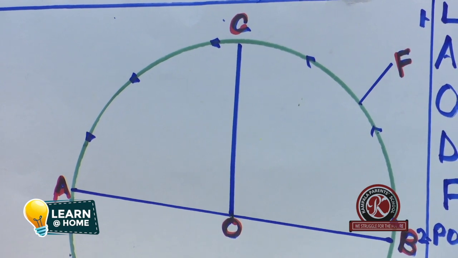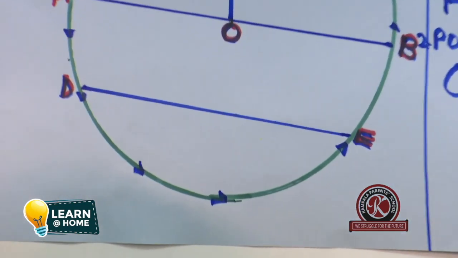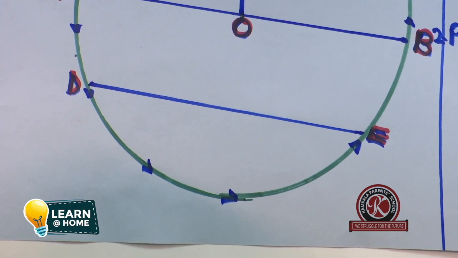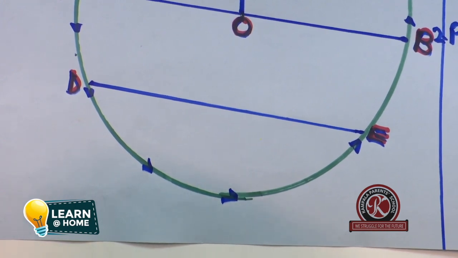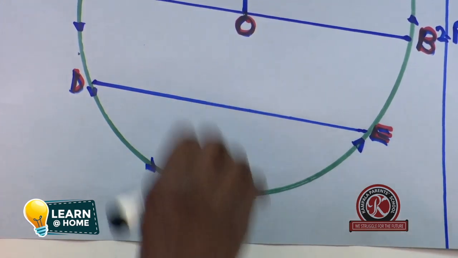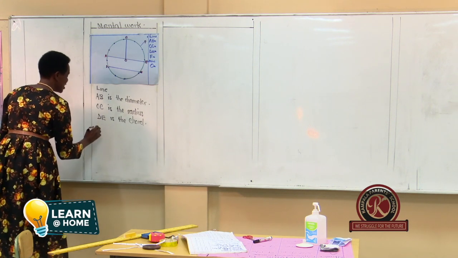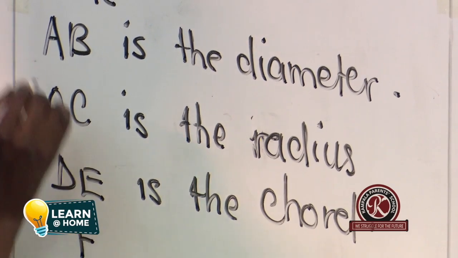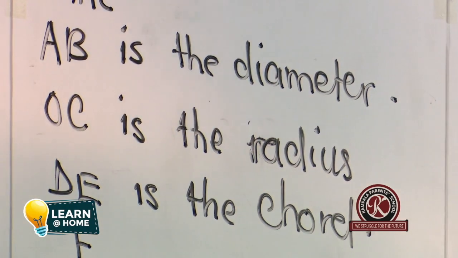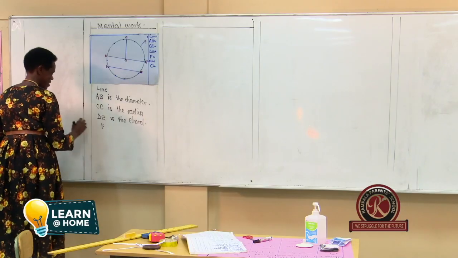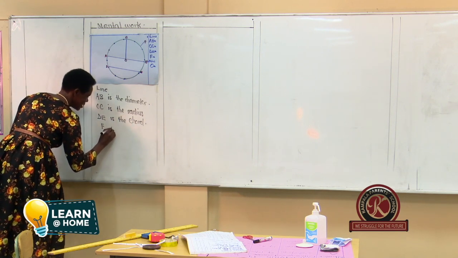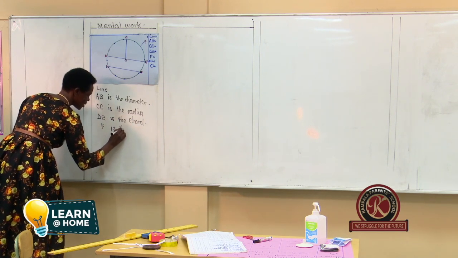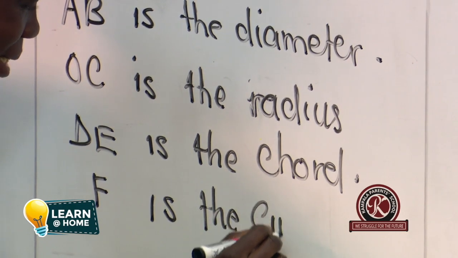Line DE is the chord. Line F, indicated by some arrows, is the circumference.